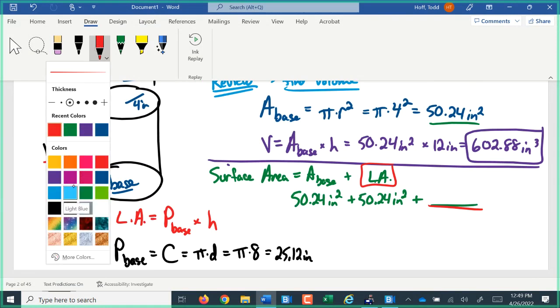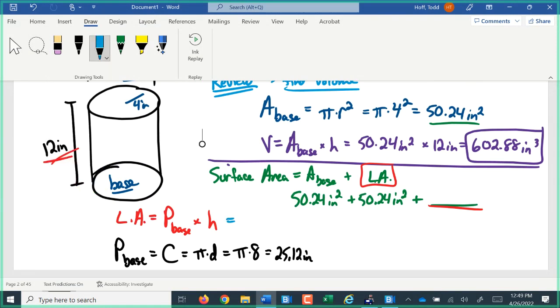That means my lateral area is 25.12 inches, the perimeter of my base, times 12 inches, otherwise known as 301.44 square inches, I believe. Somebody double check me.